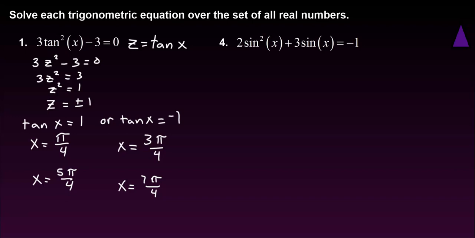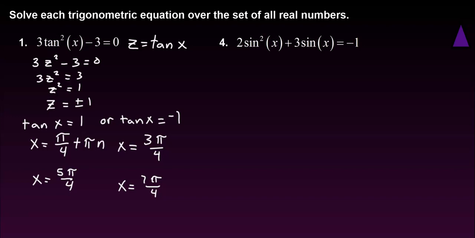Now it says for the set of all real numbers, which means that we're talking about all trig values that come out to this. So that means we also have to add the period in. And if you remember, we've talked about before, the period for tangent is just pi.